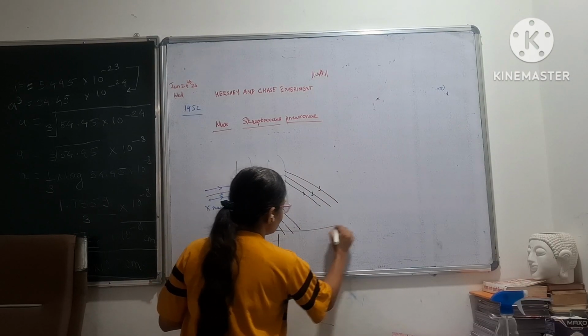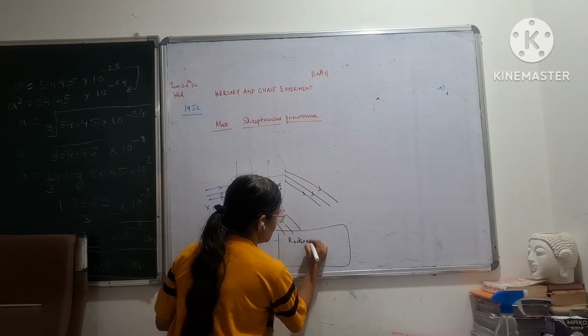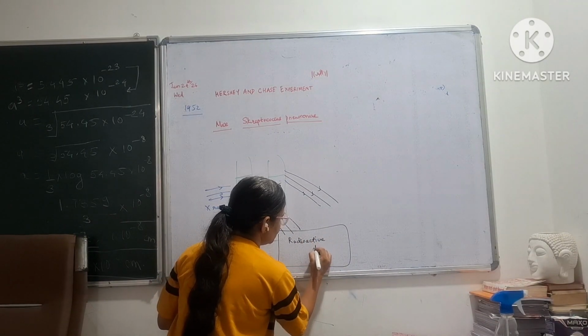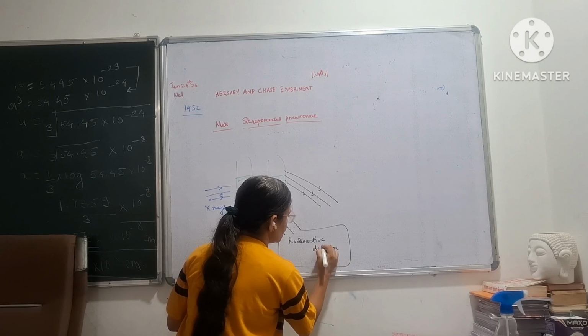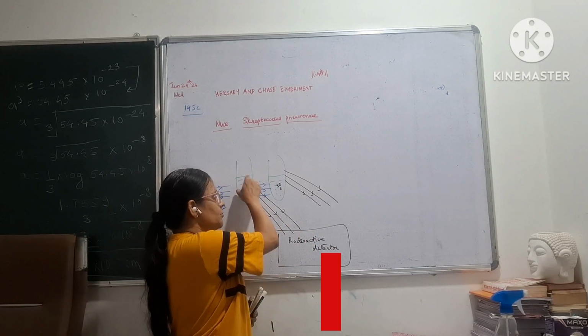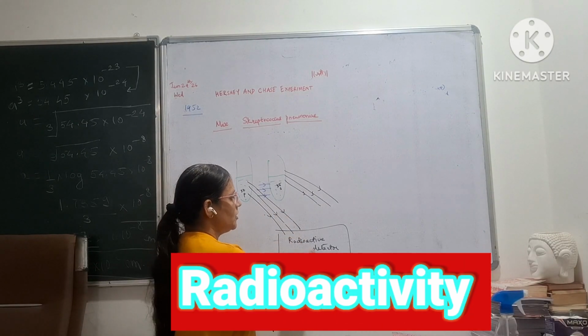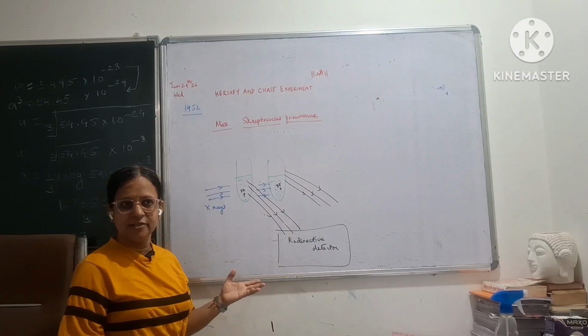Okay, so you have a radioactive detector. What will it do? It will detect the rays coming from this tube, and then these rays will be analyzed by the detector.